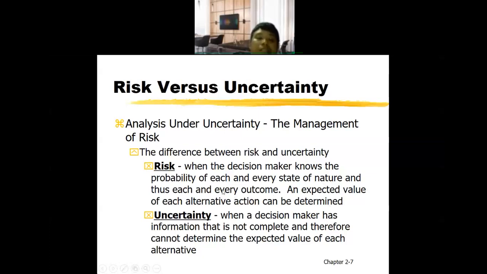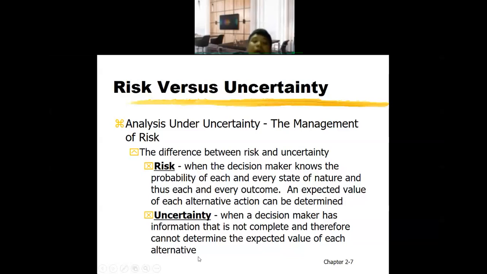So risk is when the decision maker knows the probability and can suggest the alternative action. Uncertainty is when a decision maker has information that is not complete and therefore cannot determine the expected value of each alternative.